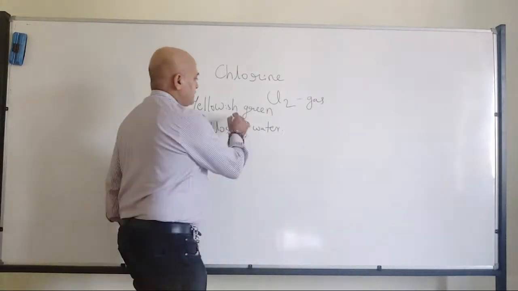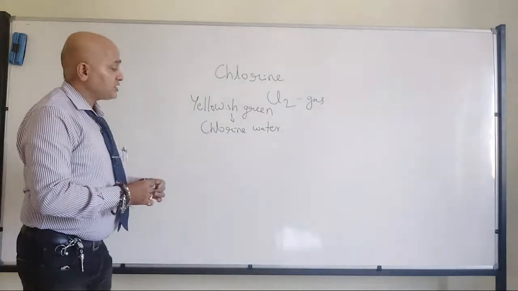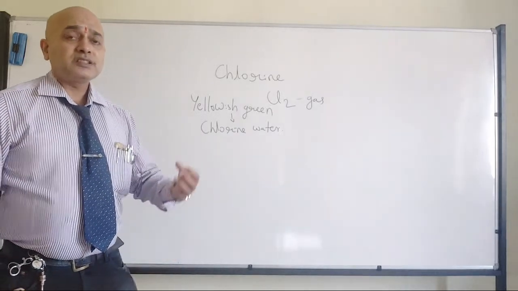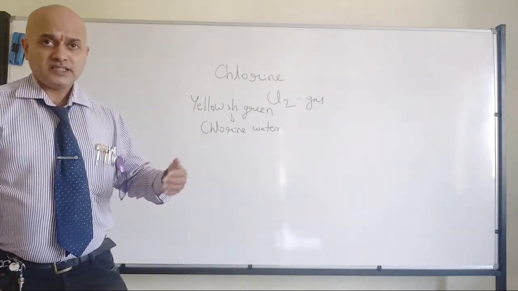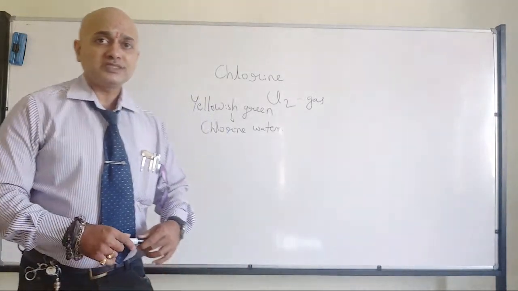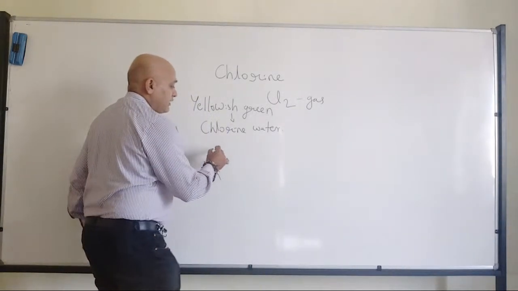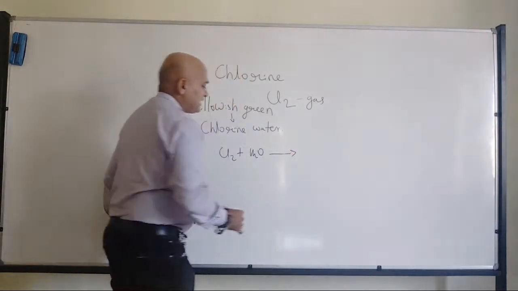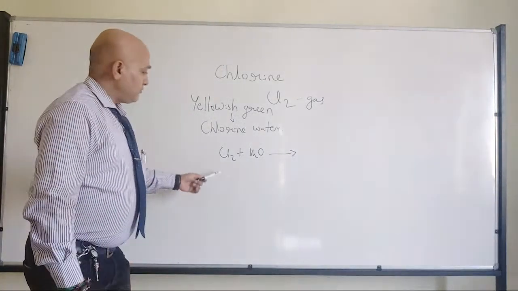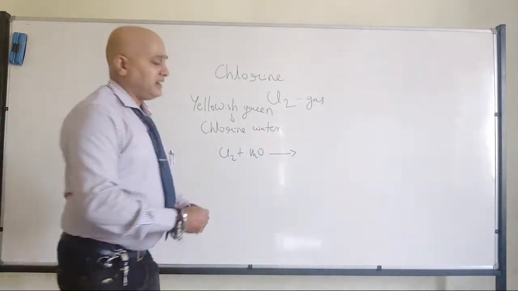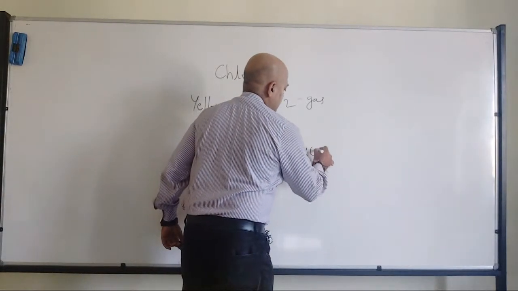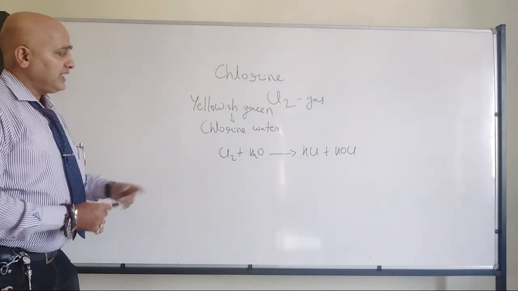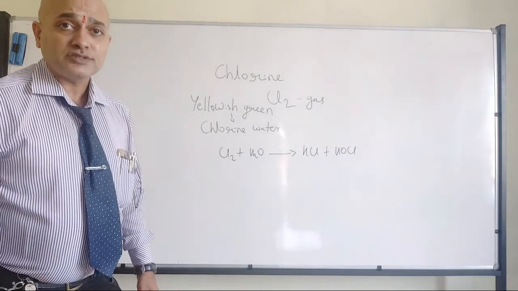So this chlorine water, in the beginning, when it is fresh, will be yellowish in color. But slowly chlorine water is going to lose that color. That is because slowly whatever chlorine is there will get converted into HCl plus HOCl.